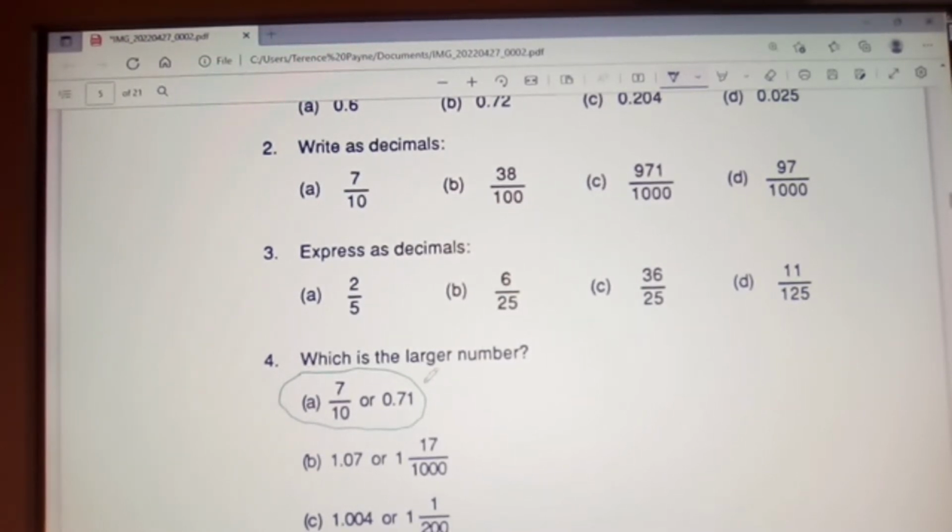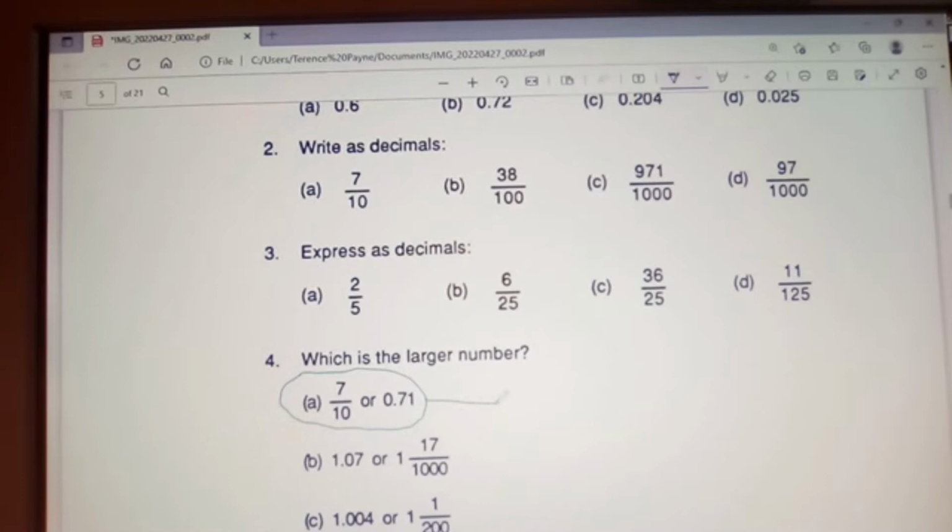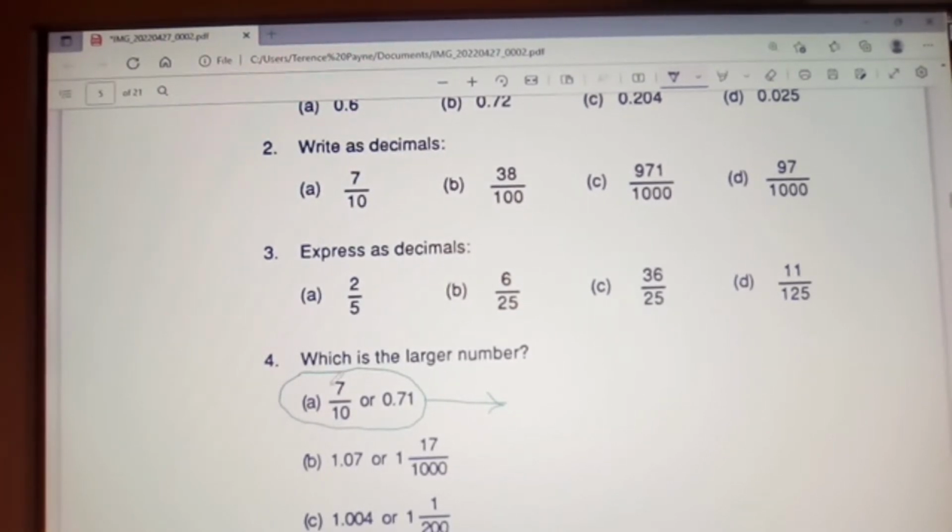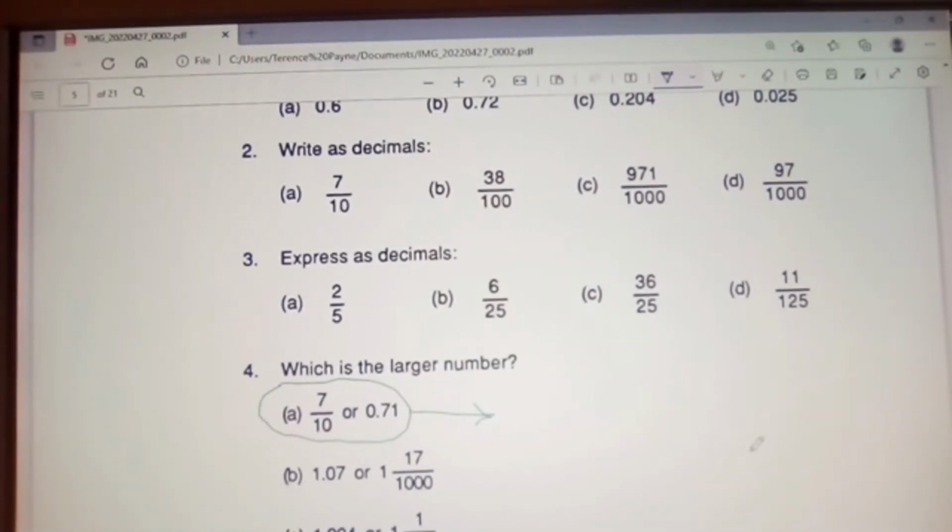And what I want to do is to bring this out to here. Just to illustrate. Now, if we take 7/10 and divide it, what we're going to do is divide 7 by 10. That's what it's asking us to do.